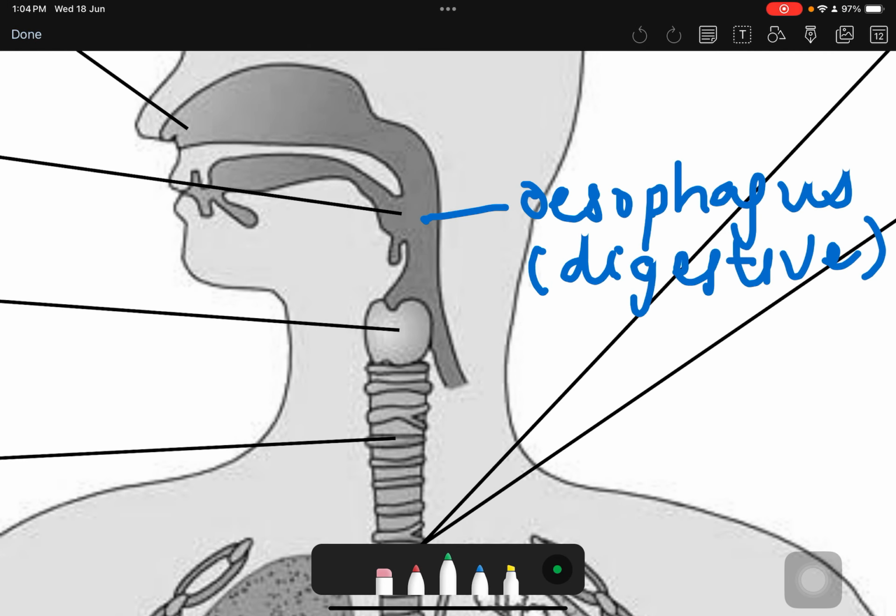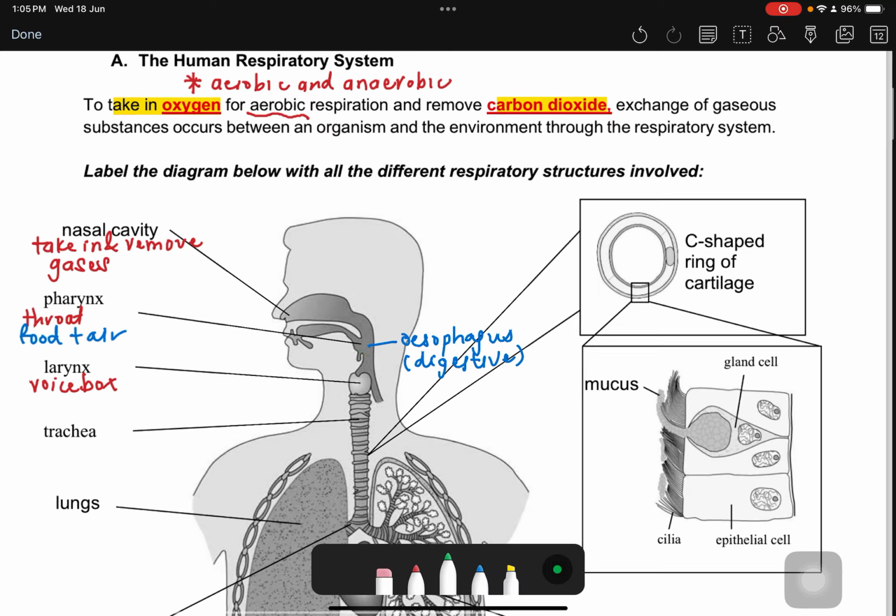The epiglottis is a flap that helps to differentiate the food and the air so that you don't choke on yourself. Sometimes you experience choking as you are talking and eating at the same time. It's because the food goes into the wrong pipe, causing you to cough very vigorously to expel the food that has gone into your larynx by accident.